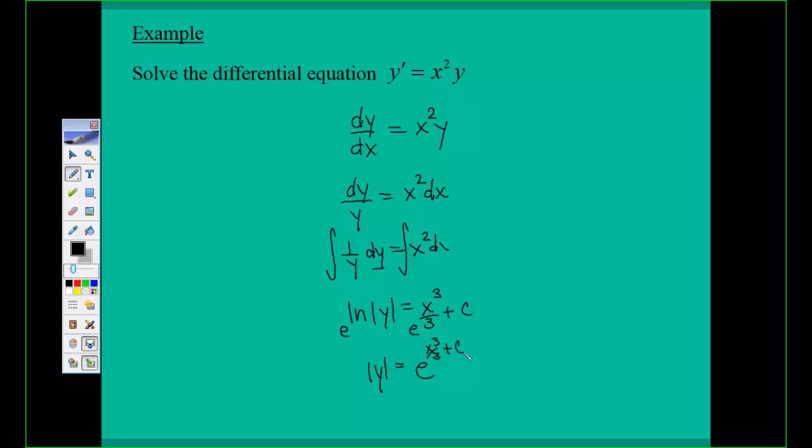To solve for y, I can now take the positive and negative of the right side to get y equals plus or minus e to the x cubed over 3 plus c.